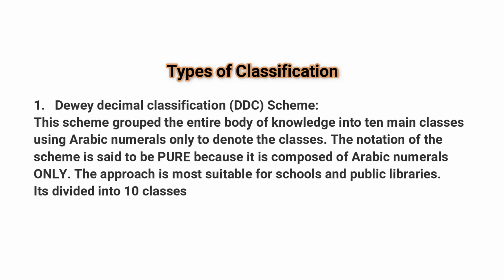This scheme grouped the entire body of knowledge into 10 classes using Arabic numerals only to denote the classes. The notation of the scheme is said to be pure because it is composed of Arabic numerals only. The approach is most suitable for schools and public libraries. It is divided into 10 classes.